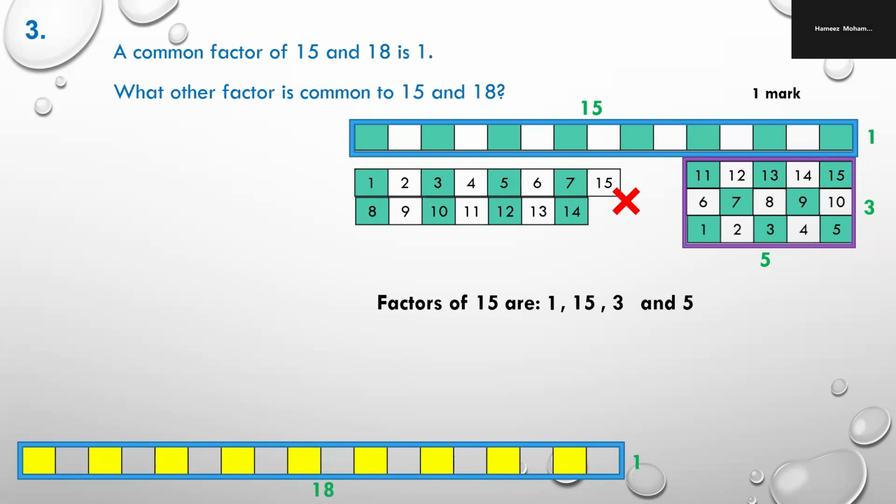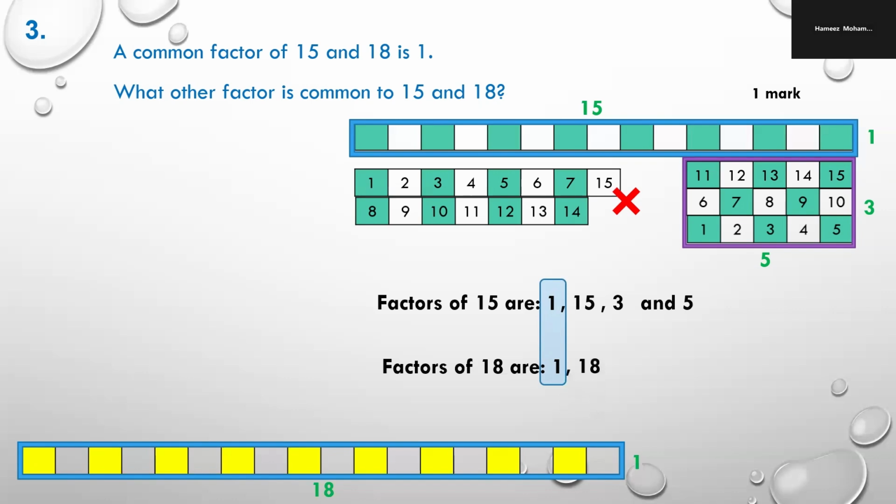So the factors of 18 are, because it forms a rectangle, 1. And we can see here that 1 is the same in both of them. That's why in our first line, a common factor of 15 and 18 is 1. What's the other factor of that yellow and clear rectangle we formed below? Well, it's 18, 1 and 18.